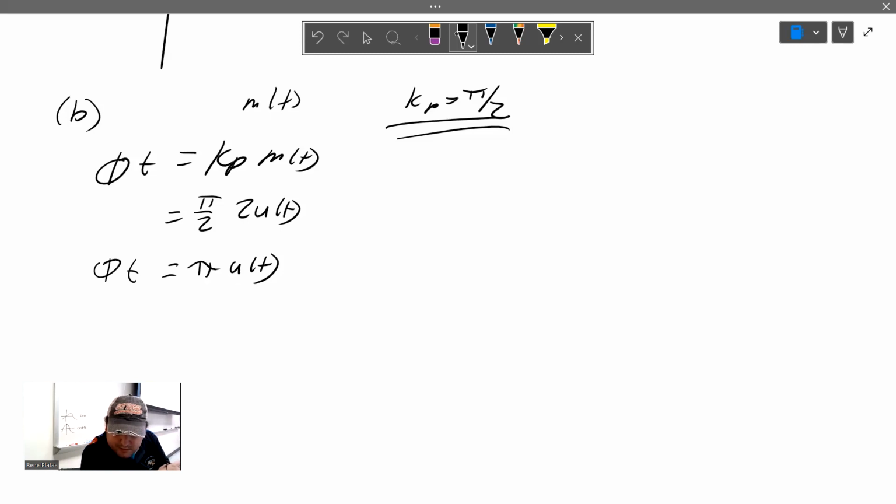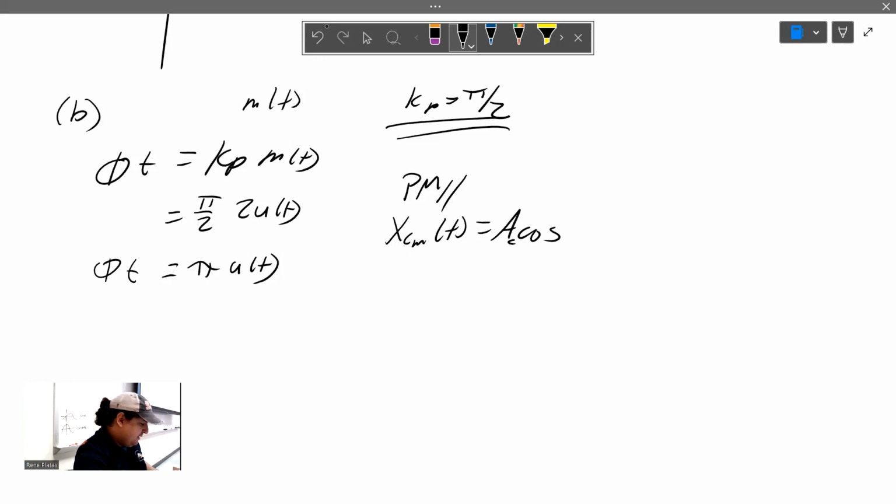So according to the formula, I think I wrote it down for something. This is for phase modulator. x_c(t) is equal to A_c cosine of 2 pi f_c t plus k_p m(t).